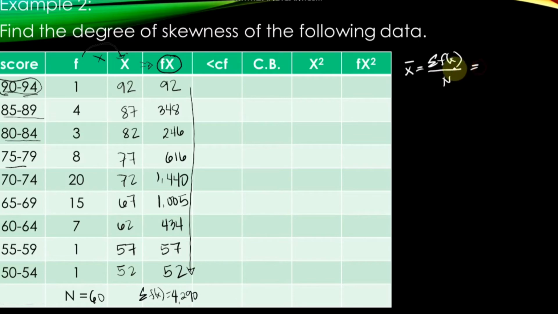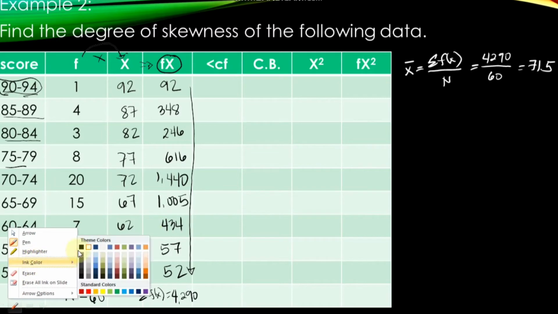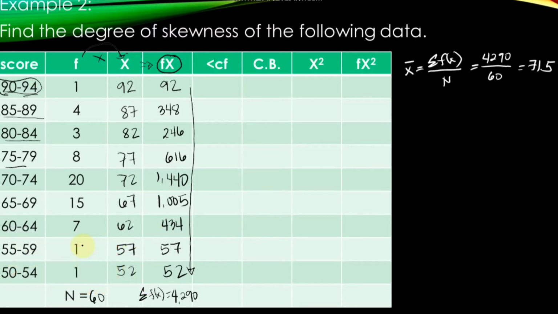So the summation of fx is 4,290 over 60. The result is 71.5. Okay, 71.5.